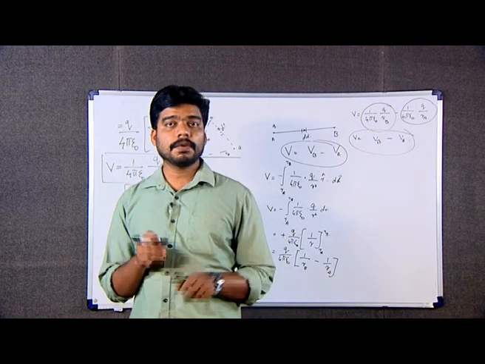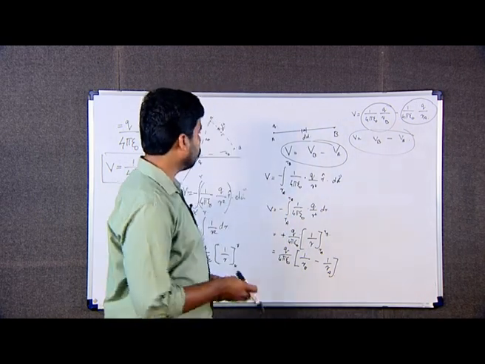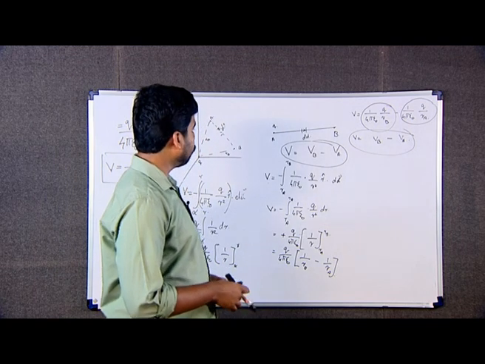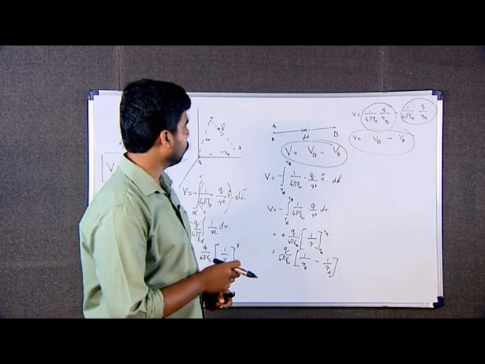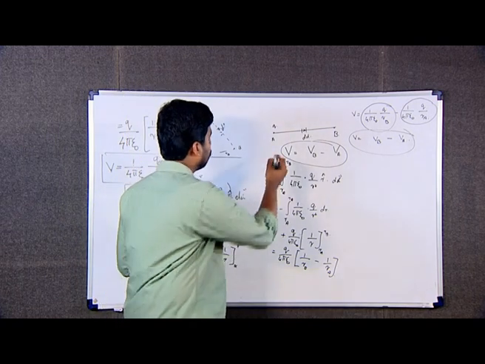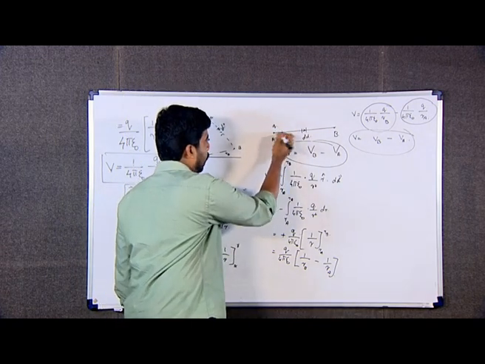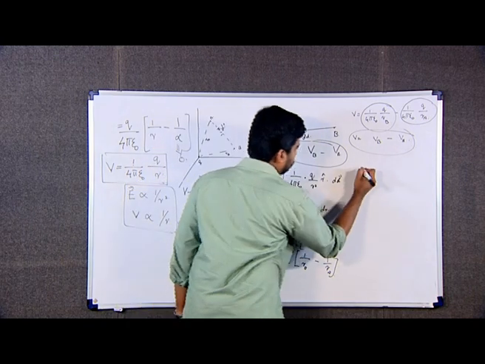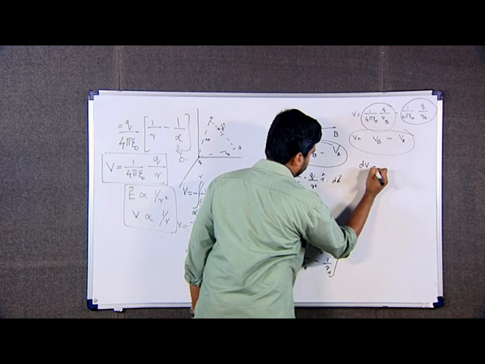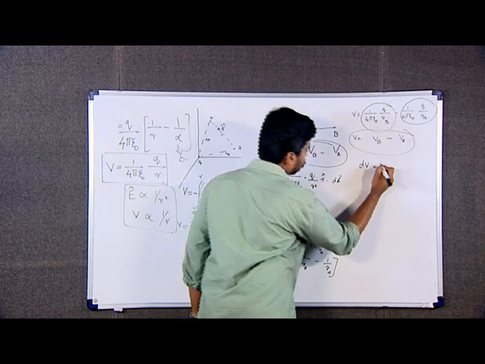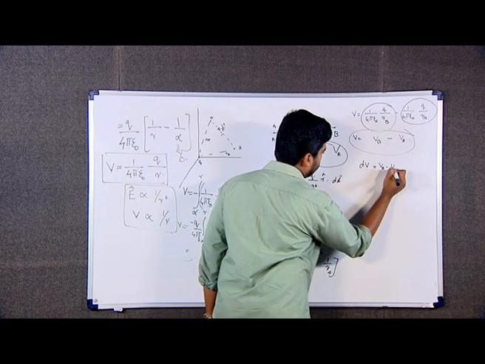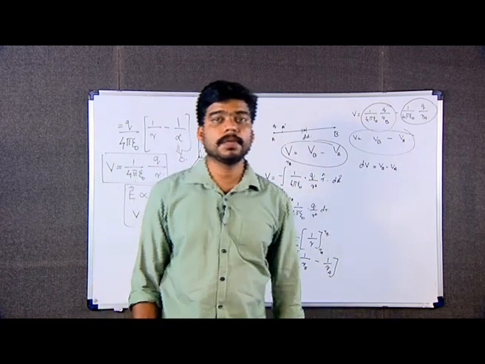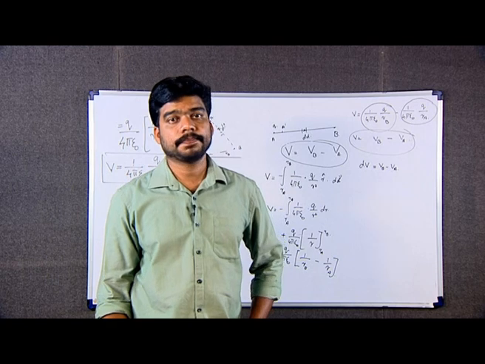For that, we can consider this equation itself. What is the potential difference between these 2 points A and some other point A dash? I call it dV, the potential difference, which is VB minus VA.